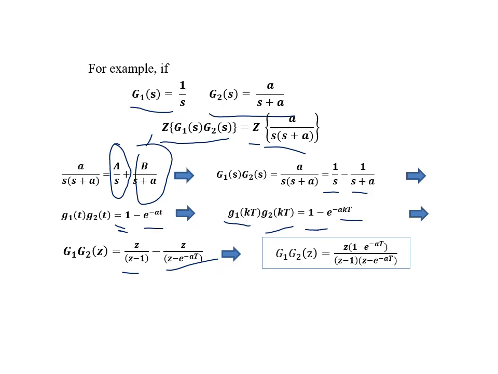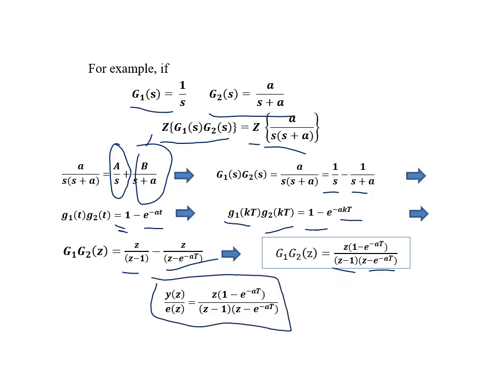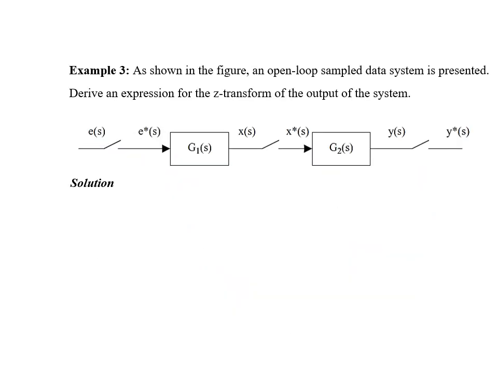We get the common denominator, Z minus 1 times Z minus e power negative AT, and for the numerator we have Z times 1 minus e power negative AT. Then Y over E of Z equals Z times 1 minus e power negative AT divided by Z minus 1 times Z minus e power negative AT.